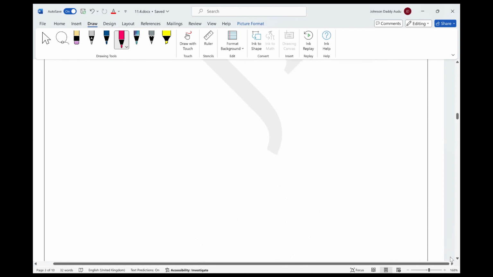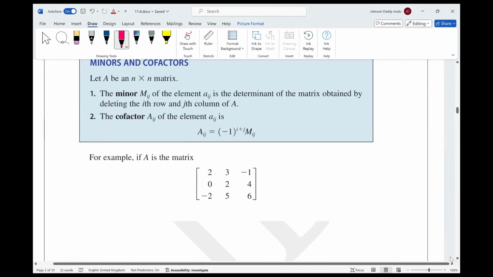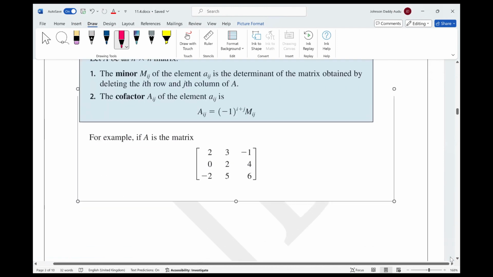What can we find here? For example, if this is A, we can ask to find the minor, let's say M13. If you want to find M13, what does that mean? It means you delete the first row and the third column. So what is left after deleting the first row and the third column?